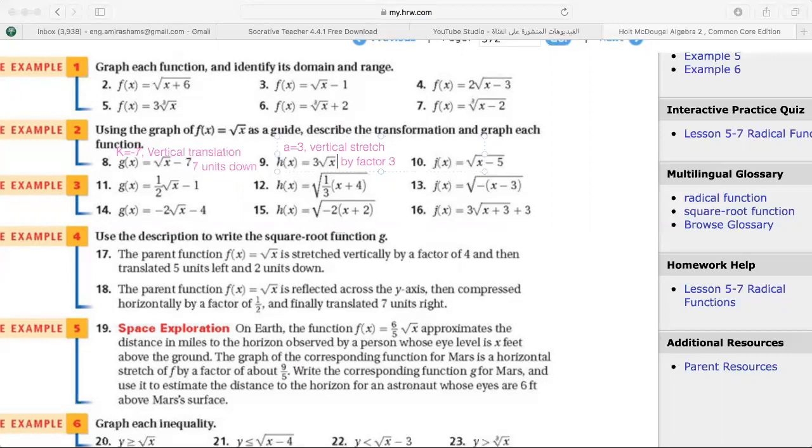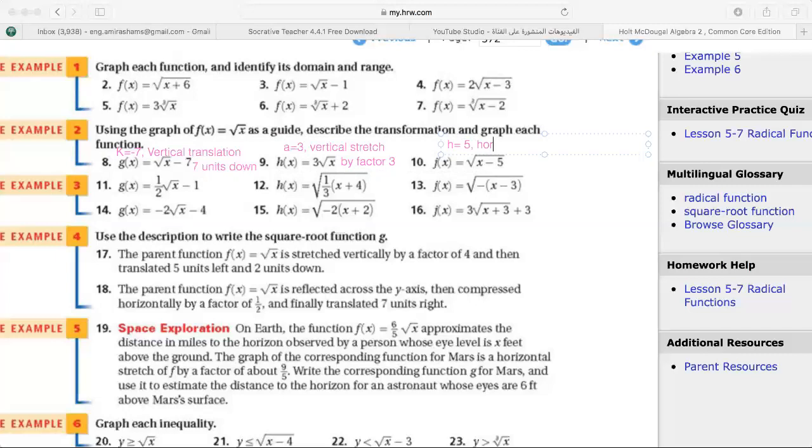Okay, let's see here number 10. Square root of x minus 5. The radical itself has the rule, which is x minus 5. X minus 5 under the radical sign means that it is a horizontal translation, and h takes the opposite of the sign that it is in the equation. So h is the opposite of negative 5, so h is 5.